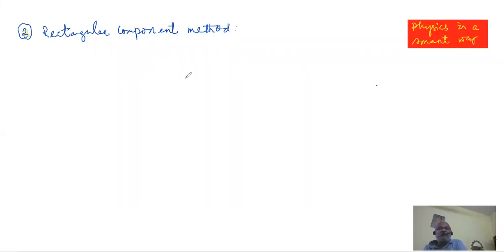To address those situations, we go to other analytical methods, and the rectangular component method comes as the second one in the list.